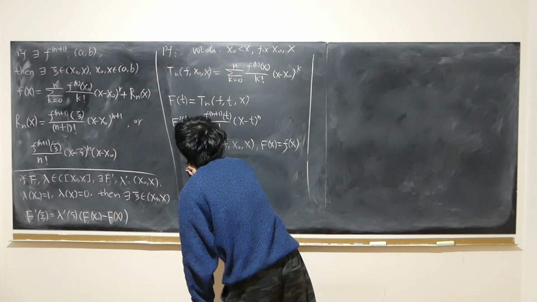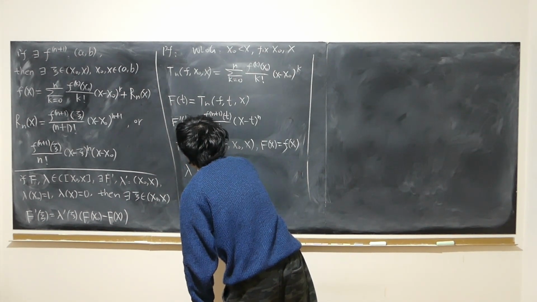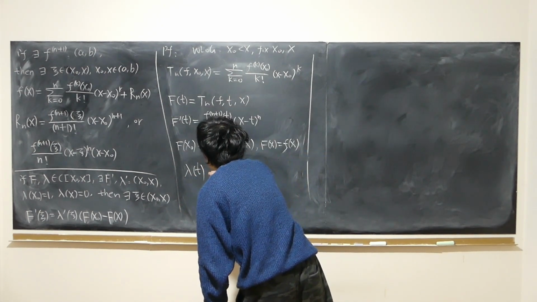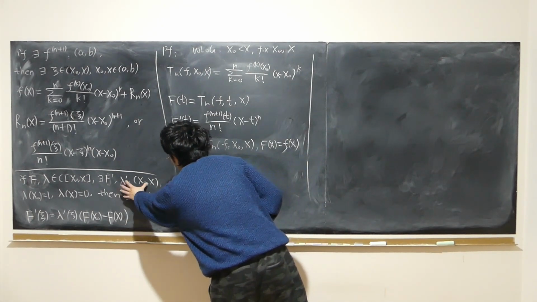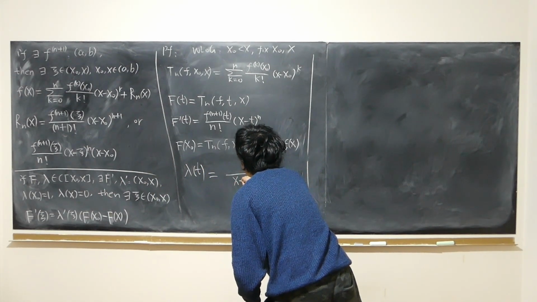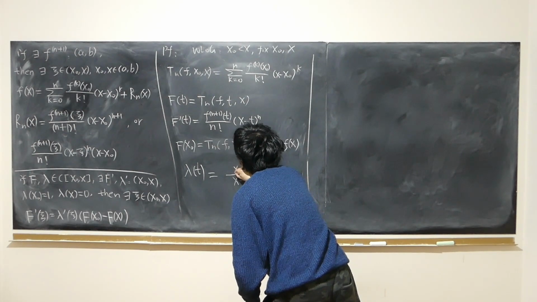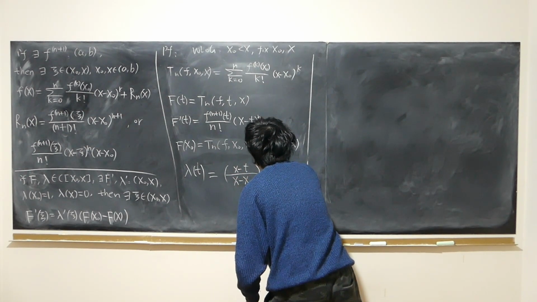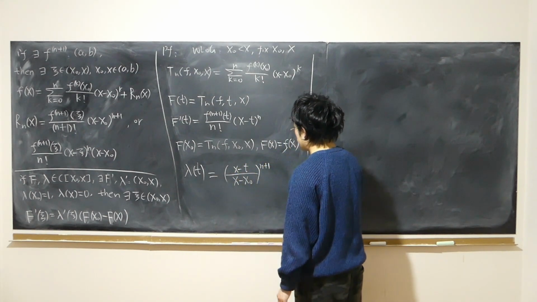So what's my lambda of t? I want to construct lambda of t. Right, such a lambda that satisfies these conditions. So it has to be x minus x naught, x minus t, quantity to the power of n plus 1. Right.